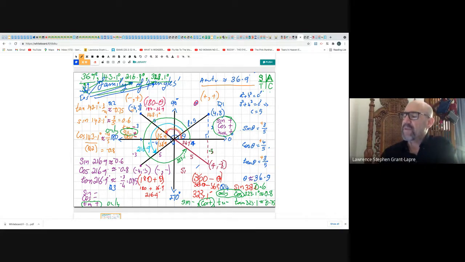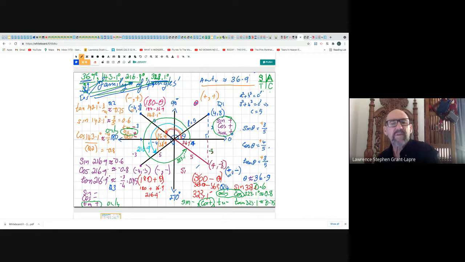It'll be positive in quadrant 1 and quadrant 4, because everything in quadrant 4 has a positive x value: you've got a positive adjacent side and a negative opposite side, so your cos ratio will also be positive.